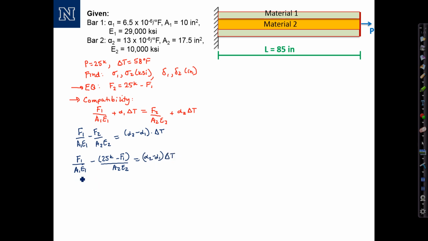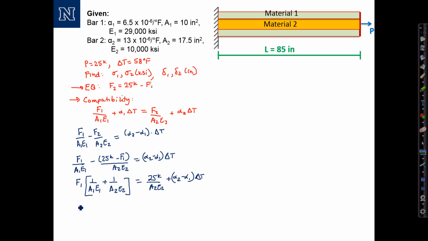I'm going to group all like terms that multiply F1. So I have F1 times 1 over A1 E1 plus this term right here. The two negatives cancel, and I have 1 over A2 E2. Then I'm going to bring the 25 kips over A2 E2 to the right-hand side, plus alpha 2 minus alpha 1, delta T comes along for the ride.